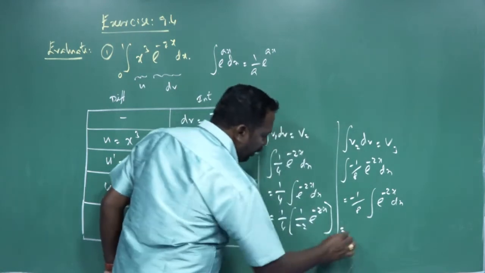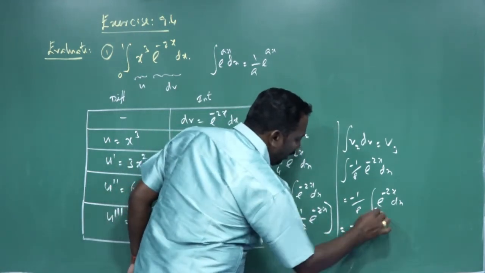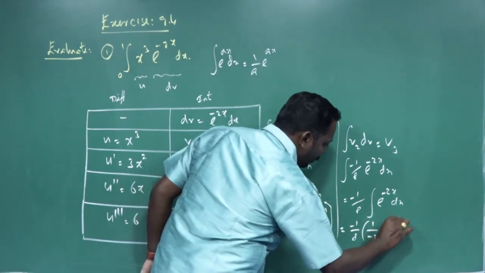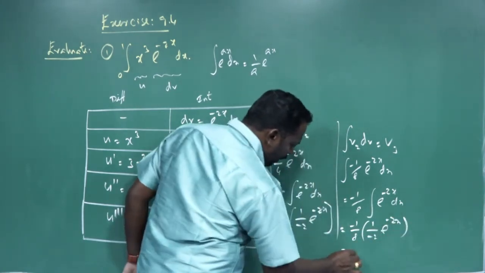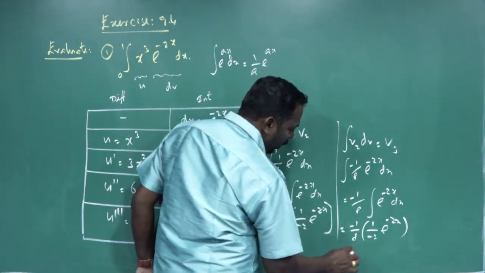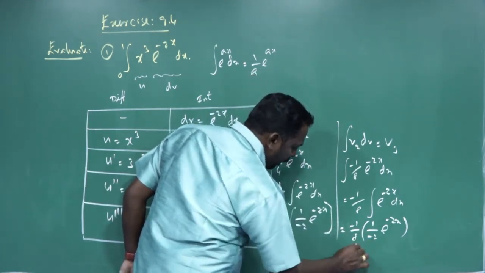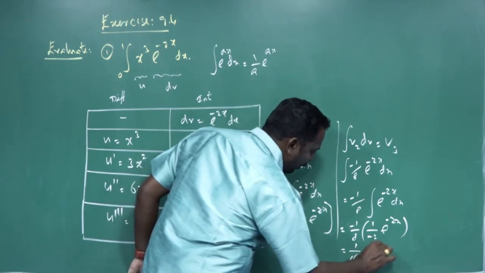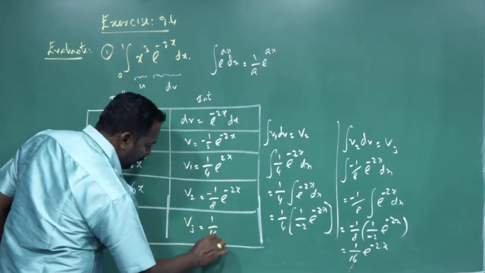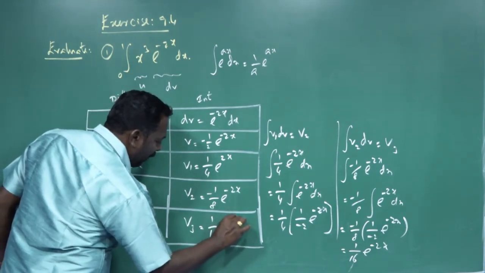Then the integration of e power minus 2x, we know, is 1 by minus 2 into e power minus 2x. That equals minus by minus equals plus, 1 ones are 1 and 8 twos are 16: 1 by 16 into e power minus 2x. Therefore, this integration equals 1 by 16 into e power minus 2x.